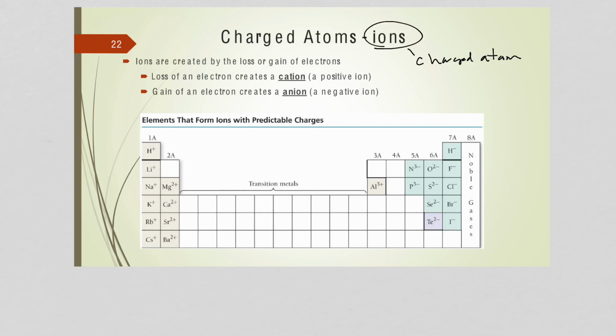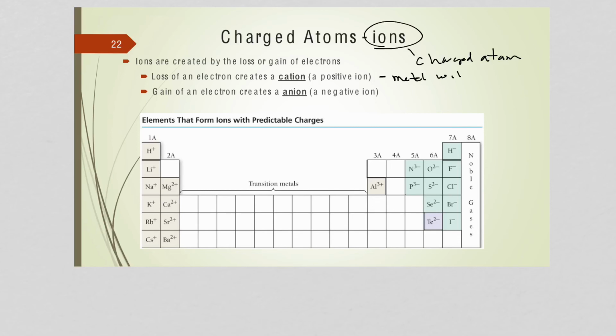Now, if we lose an electron, this creates a positively charged ion, which we call a cation. So this is characteristic of metals.